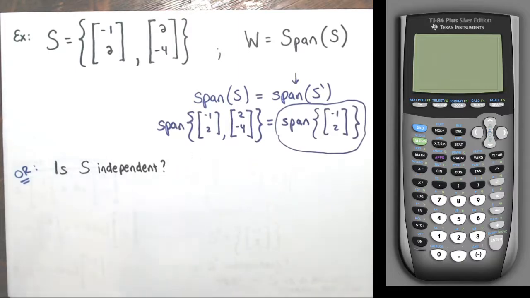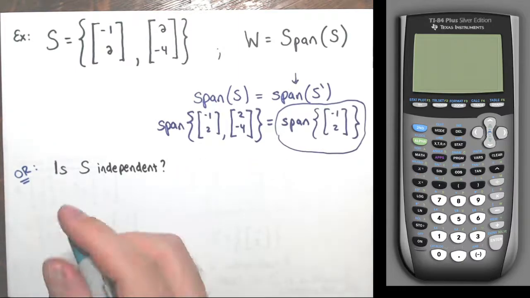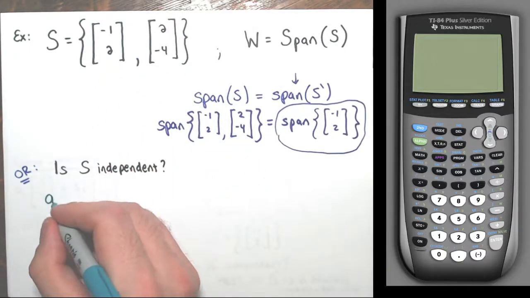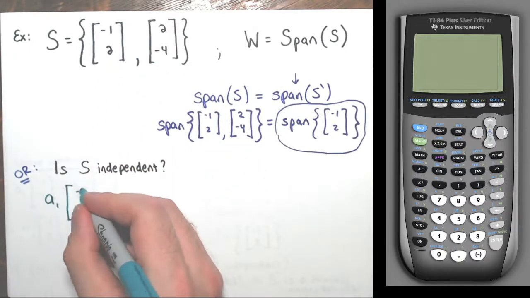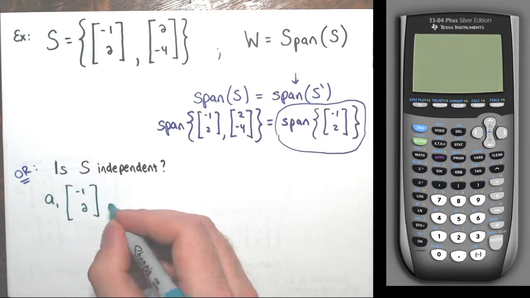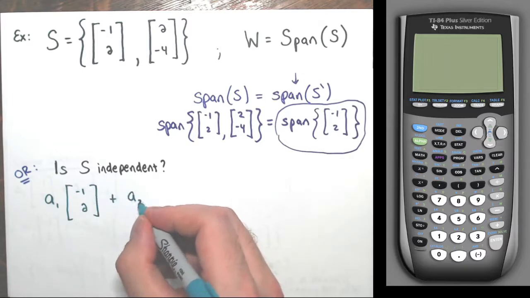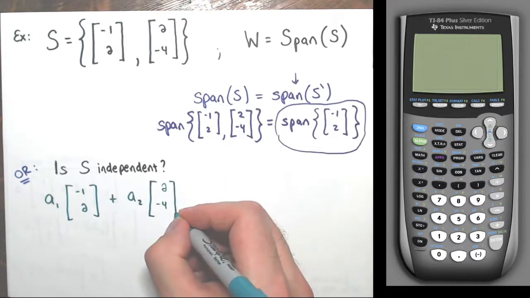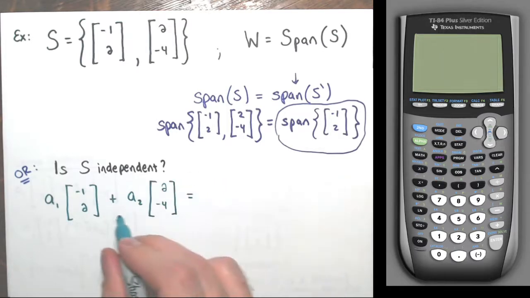So remember how to check for independence. We're looking at this equation, right? I have a linear combination of these two, A1 times -1, 2 plus A2 times 2, -4. And I'm asking, when is that equal to the 0 vector?